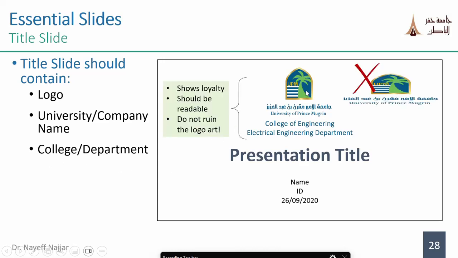Please note for the logo that this is a piece of art, so it has certain dimensions. The people who designed this logo designed it with certain dimensions, so you cannot squeeze the logo horizontally or vertically. It doesn't look good. This is a piece of art, it has to be in the proper dimension.